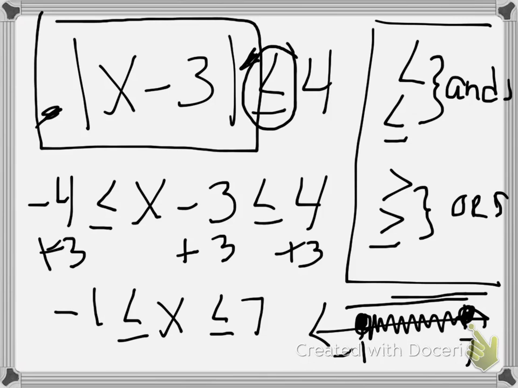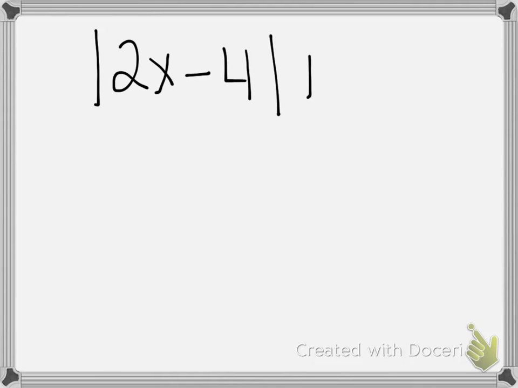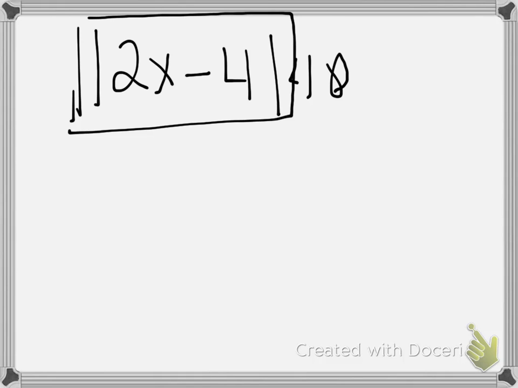Alright, let's look at one more example containing a less than symbol. Let's say the absolute value of 2x minus 4 is less than 10. Again, we first make sure that the absolute value is isolated, and if it's not, then you would have to get that absolute value by itself.